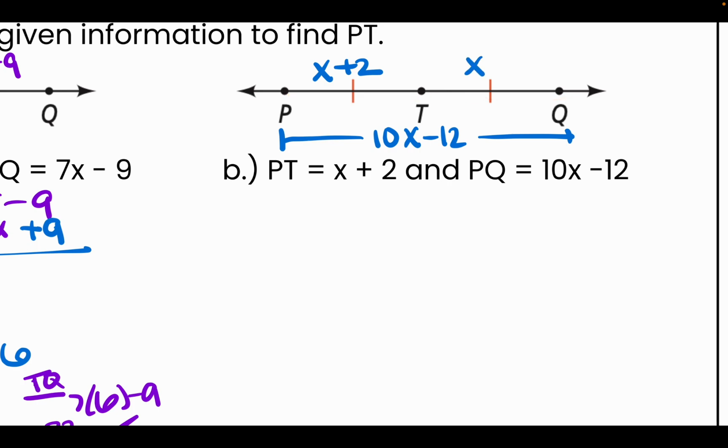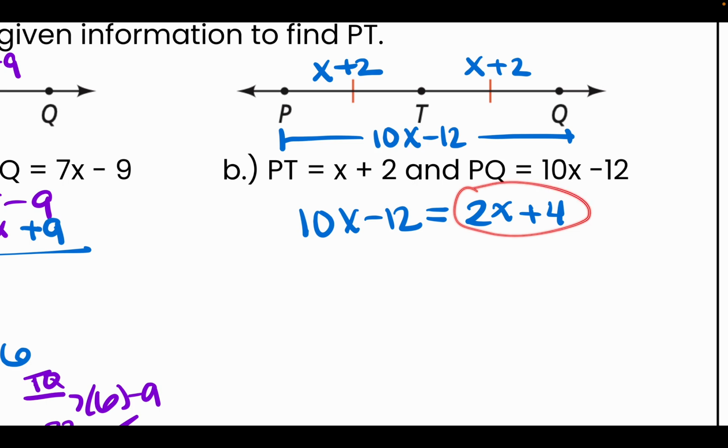So this is also x plus 2. So that means we have 10x minus 12 is actually equal to 2x plus 4. Okay, do you guys see where I got that from? 2x plus 4 is just this x plus 2, x plus 2 combined.